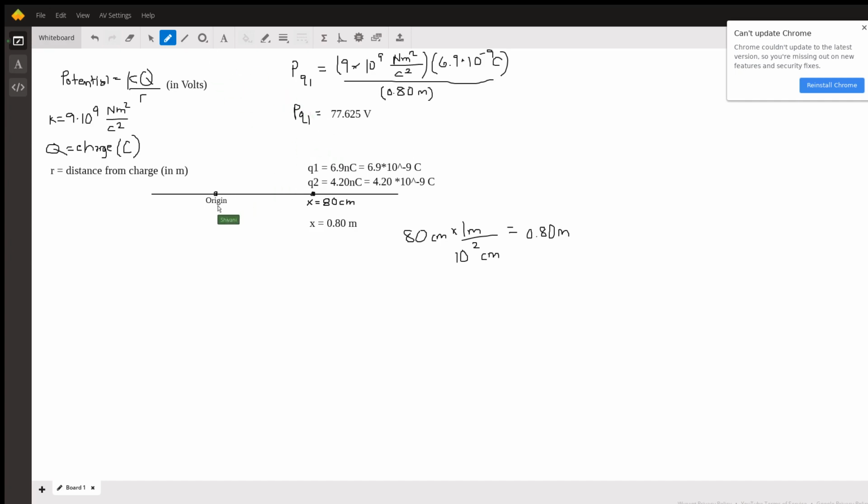Now let's do the same for Q2. And if we plug all this into our calculator, let's see what we get. So we end up with 47.25 volts.